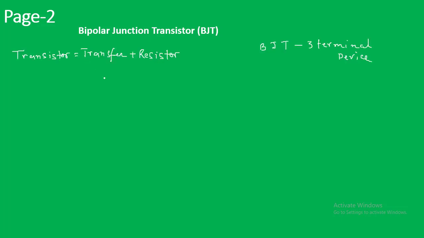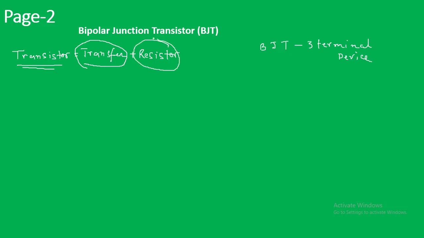So BJT, bipolar junction transistor. Here the term transistor can be elaborated as transfer and resistor.